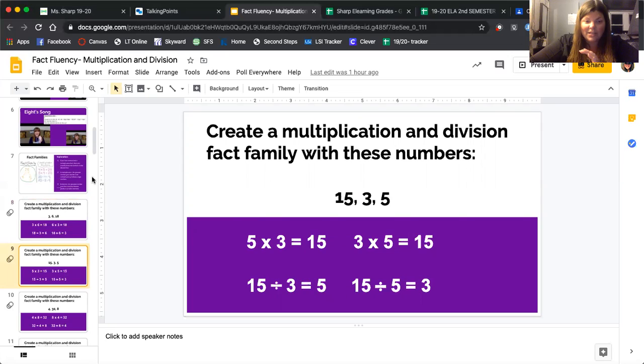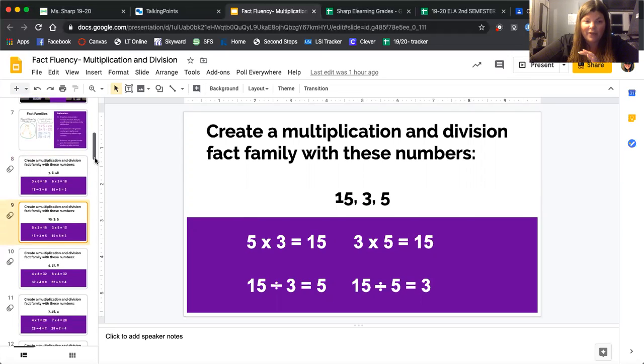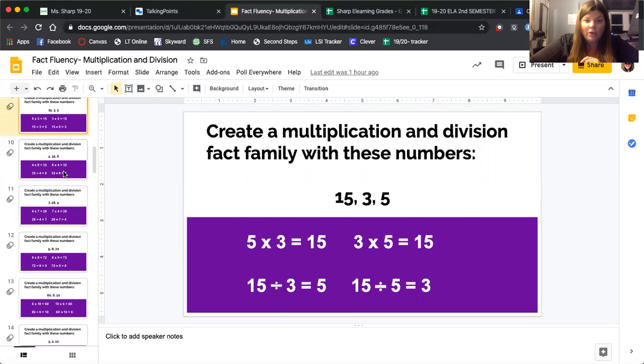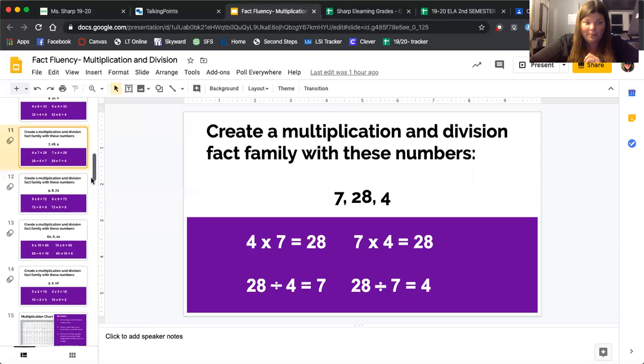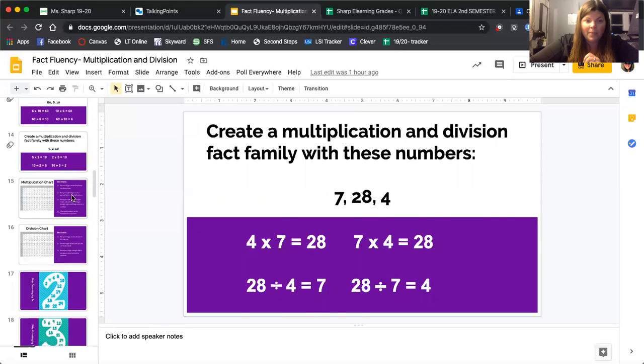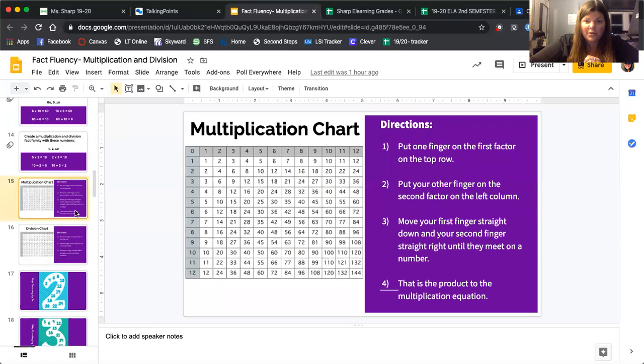The same thing continues on with 15, 3, and 5; 4, 32, and 8; 7, 28, and 4. You'll notice the product is the largest number, and the first number in the division equations is also the largest number.